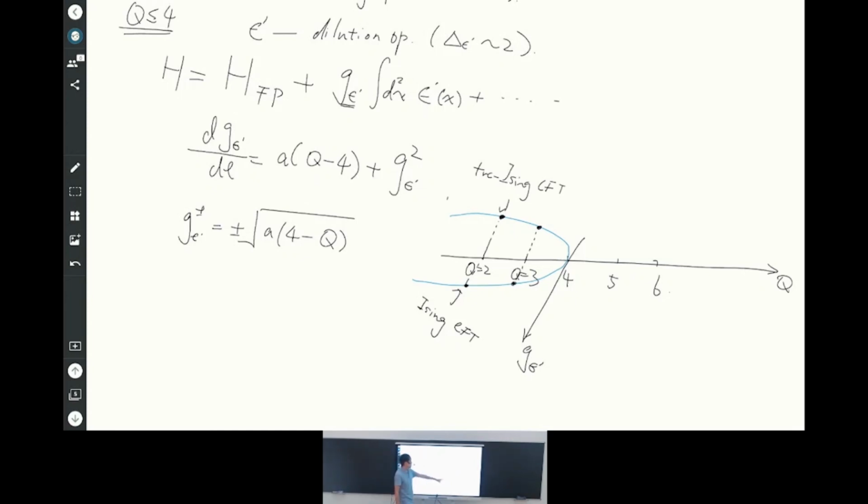And also for Q equals 3, you will see that these two fixed points relate to the three-state Potts CFT and the tricritical Potts CFT. And you see for these two lines that as a function of Q, if you think about that Q can be continuously tuned, you will see these two fixed point lines meet and merge together at Q equals 4, okay?